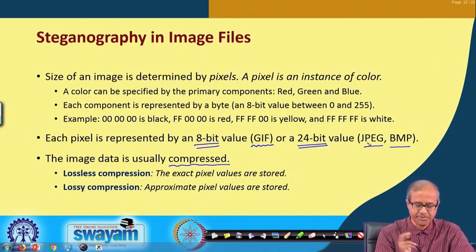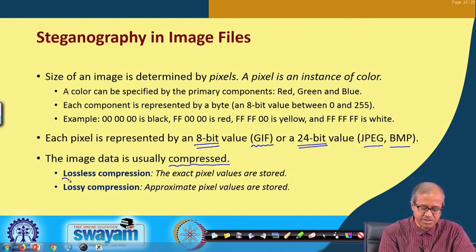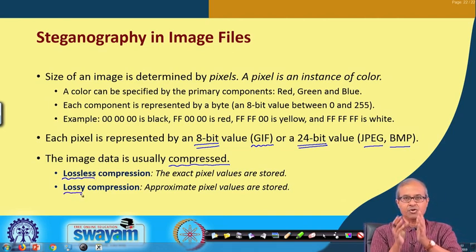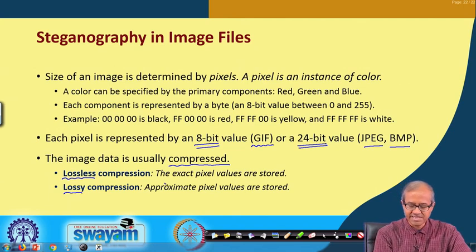form, they are stored. Now, when you are doing compression, there are two terminologies, lossless compression and lossy compression. Lossless means you are compressing, but if required you can uncompress it and get back the original image. There is no loss of information anywhere. So, the exact pixel values can be generated somehow.